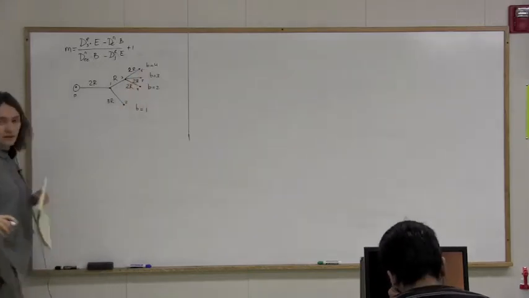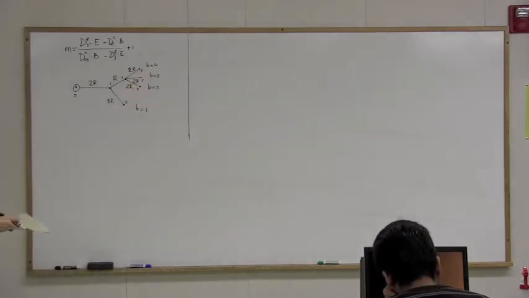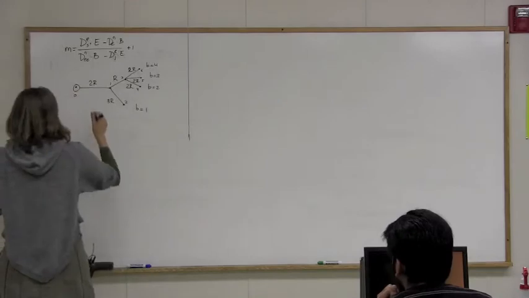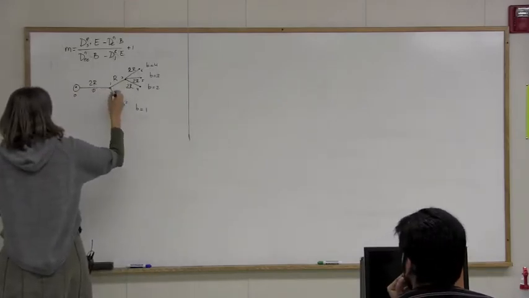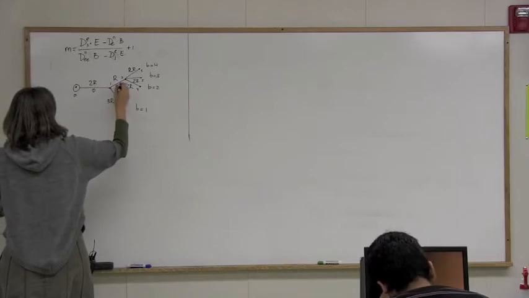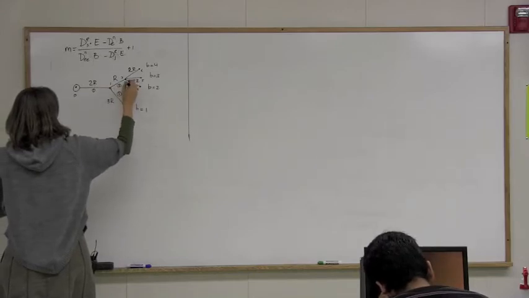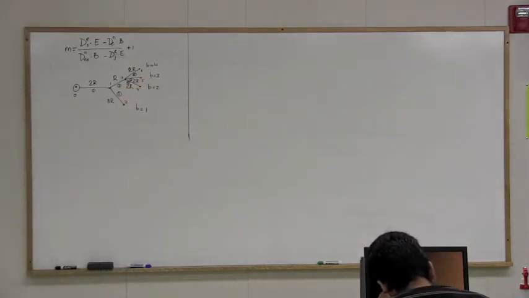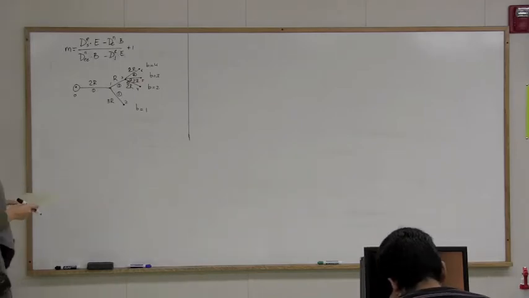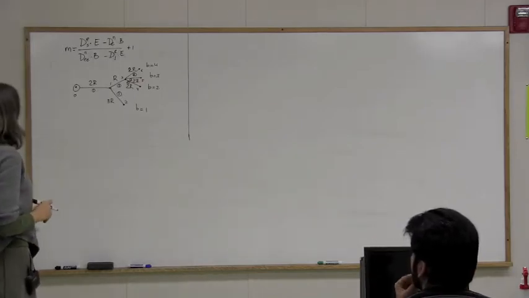We have 7 vertices in the compacted graph. And then let me just put them in circles, 1, 2, 3, 4, 5, 6 edges. When you have a compacted graph, the number of vertices is the number of edges plus 1. So that works for us.